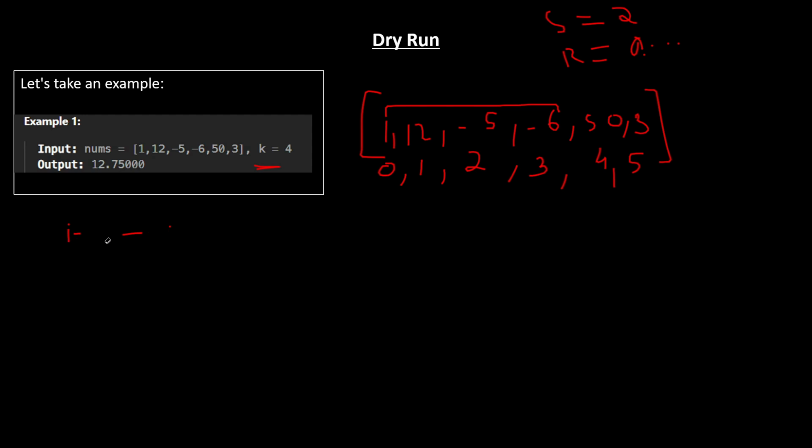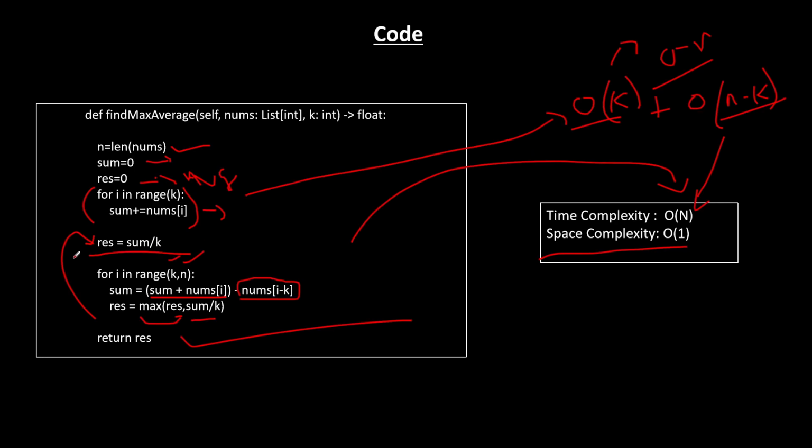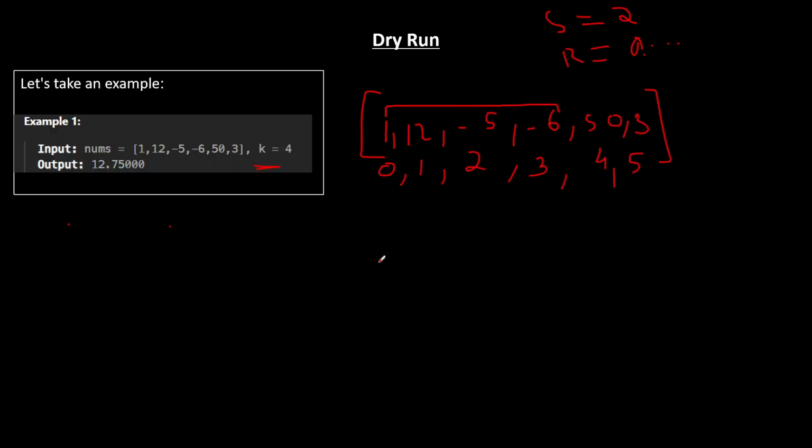Now, the main sliding window iterator, which is a second loop, this one, we will start our I from k. K was 4. So our I is here. Now, what was the formula to calculate the sum?